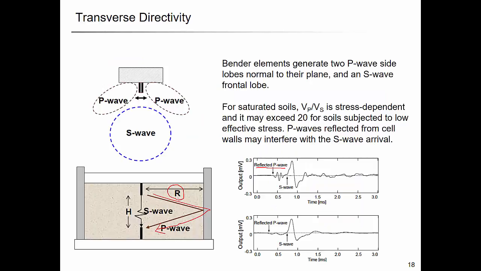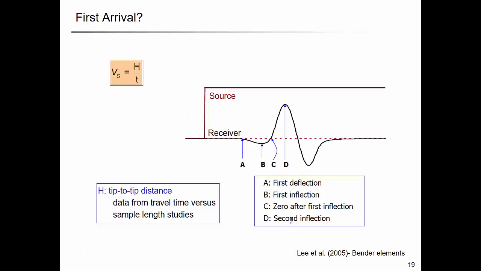Then, when you see this signal, how can you determine the arrival time? It's a very difficult decision because you cannot just say that the peak is the arrival time. Arrival time should be somewhere around here, right?